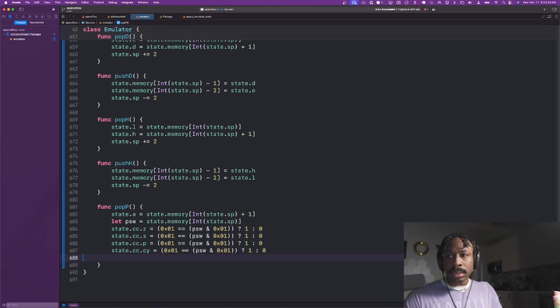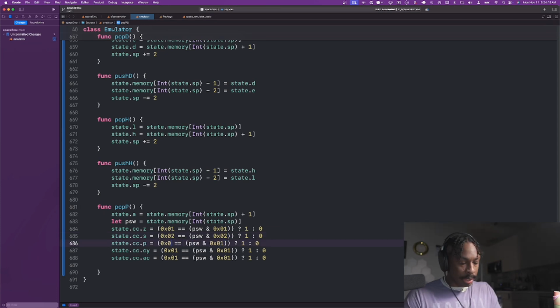And then he actually also implemented the auxiliary carry, which is something we have not bothered with so far, just because Space Invaders does not use the auxiliary carry. Okay, so for sign we're checking 2, for parity we're checking 4, for carry we're checking 5.